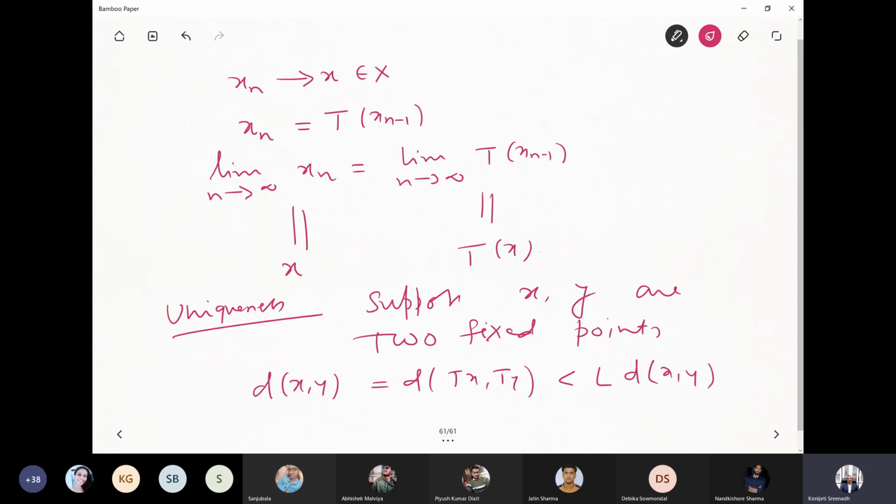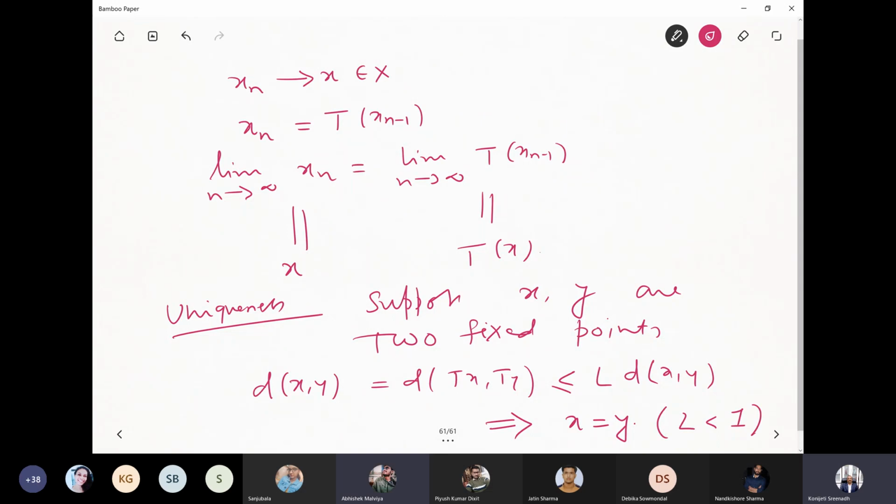Therefore, since L is less than 1, this implies that x equals y. Otherwise this cannot happen. You can write less than or equal to, but L is less than 1.